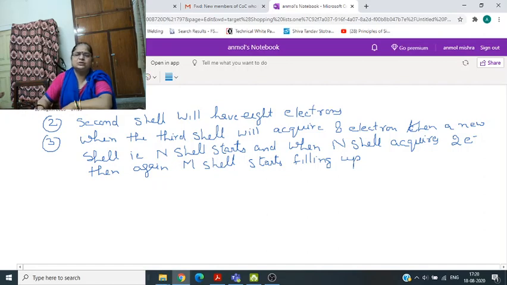These are the rules which we should follow while filling the electrons in the different shells. Now we will take one by one.